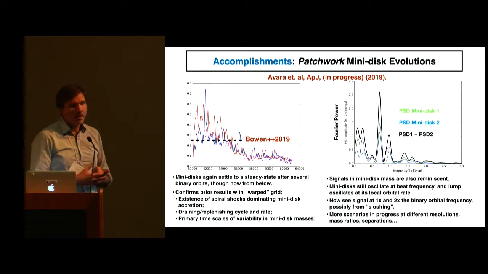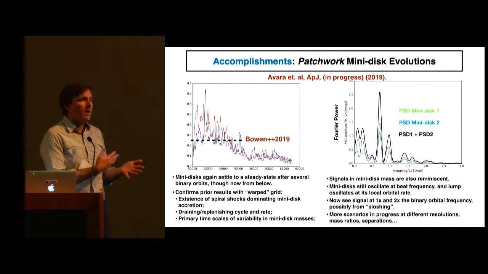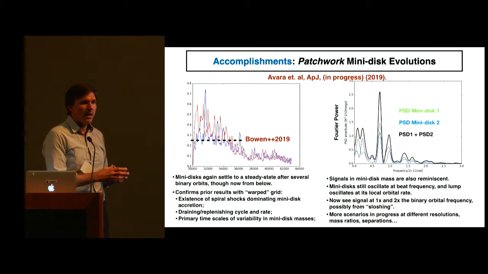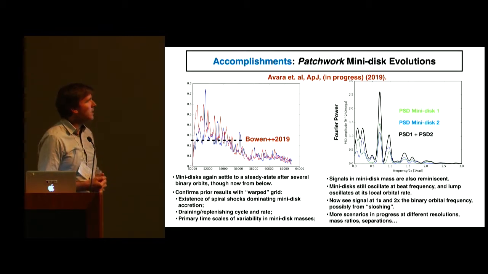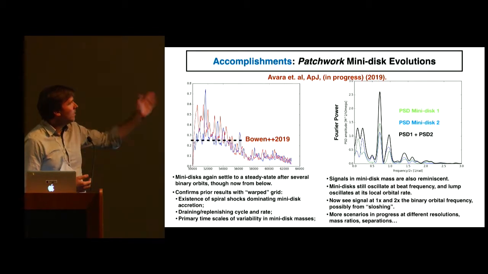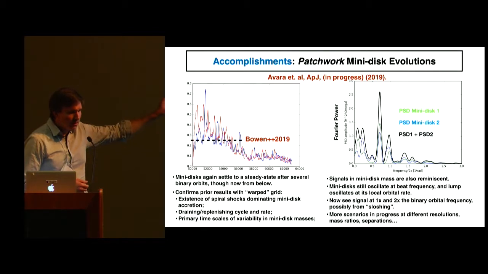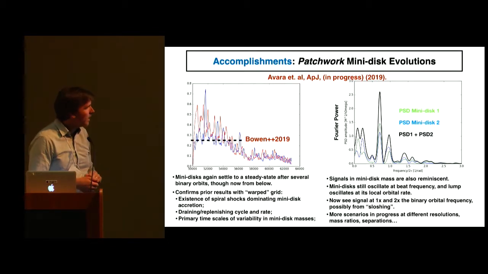And we suspect that there's going to be a great deal of interaction between the mini-disks, and that there may be shocks that arise that dissipate kinetic energy and produce a bright electromagnetic signal. So we plotted the mini-disk masses as a function of time. That's the left plot.